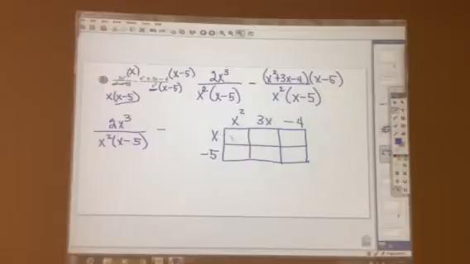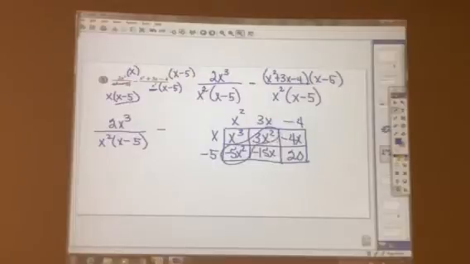X squared times x is x cubed. 3x times x, 3x squared. Negative 4 times x, negative 4x. X squared times negative 5, negative 5x squared. 3x times negative 5, negative 15x. Negative 4 times negative 5, positive 20.